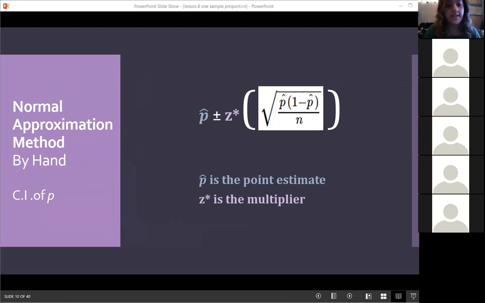Also recognize that we're going to have a wider interval if our confidence level is increasing, because we're more confident that we're going to catch that population value. Since we're trying to catch that population value in there, we're going to have a wider interval because we're containing a higher percent of the data.